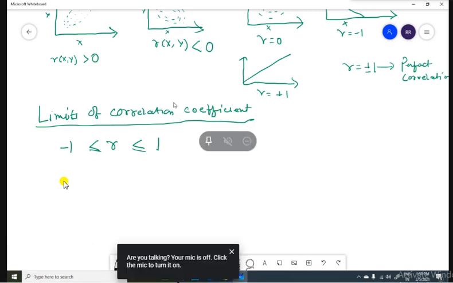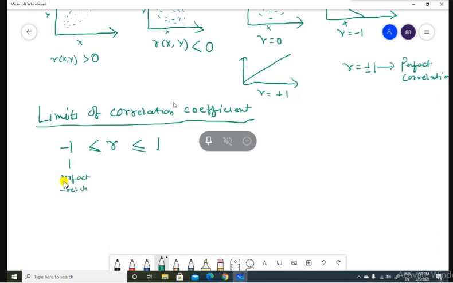So +1 is called perfect positive and -1 is called perfect negative.